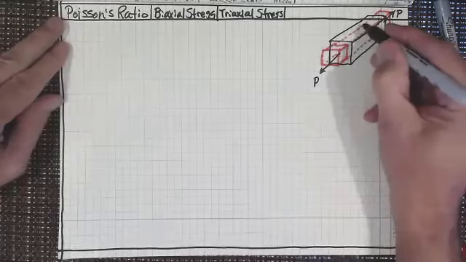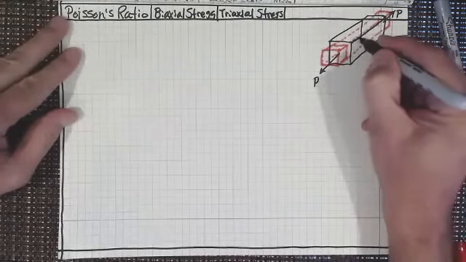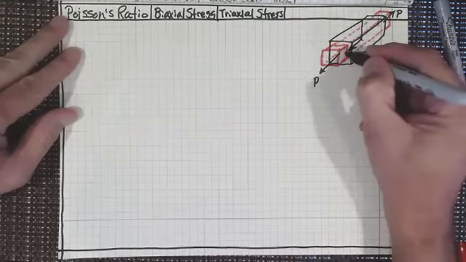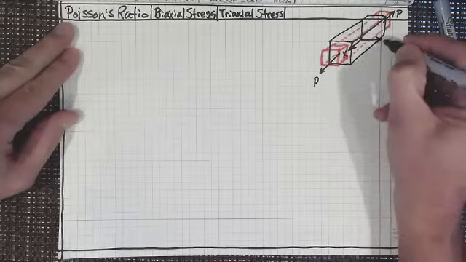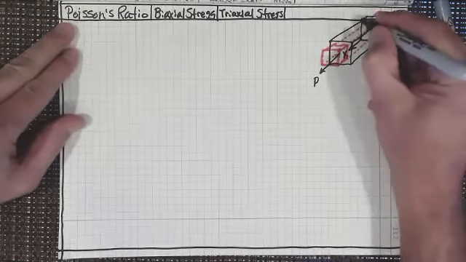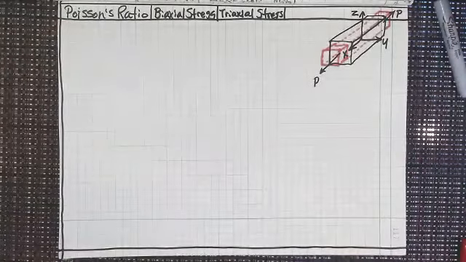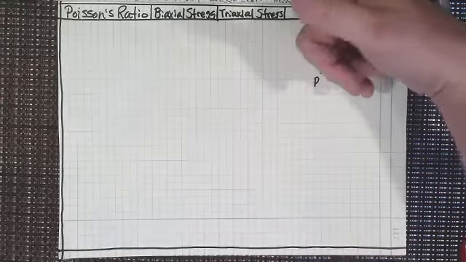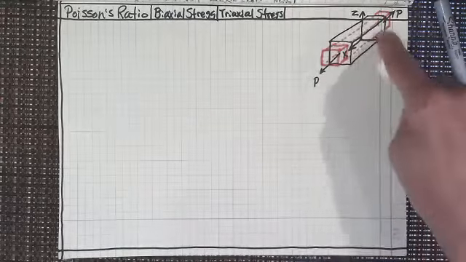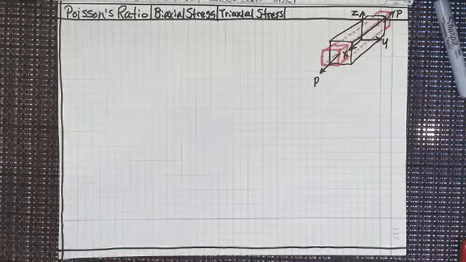So if we were to say that this is the X direction, and this is the Y direction, then this would be the Z direction. Does everybody see that? It's a right hand thing, so if I were to lay my right hand and curl my fingers, X toward Y gives me Z. That's why it's an XYZ right-handed coordinate system.